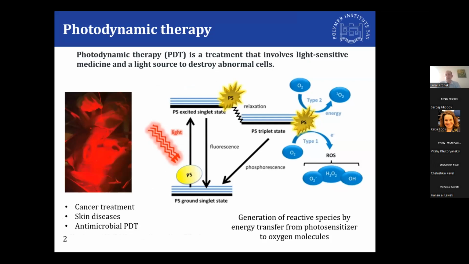This is a treatment which involves light, and a light source is used to destroy the abnormal cells.